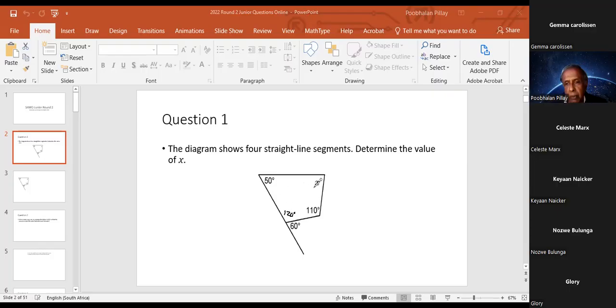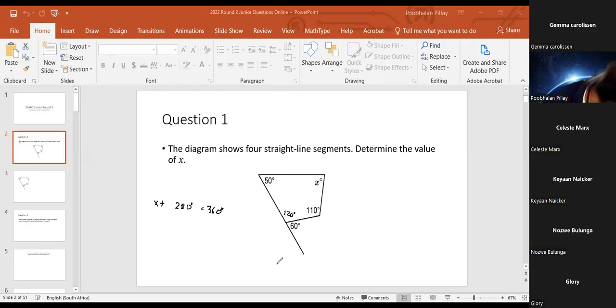And the sum of all of them is 360. And we have an equation immediately, because x plus the other three, which I can see is 280 degrees, 170 is equal to 360 degrees.